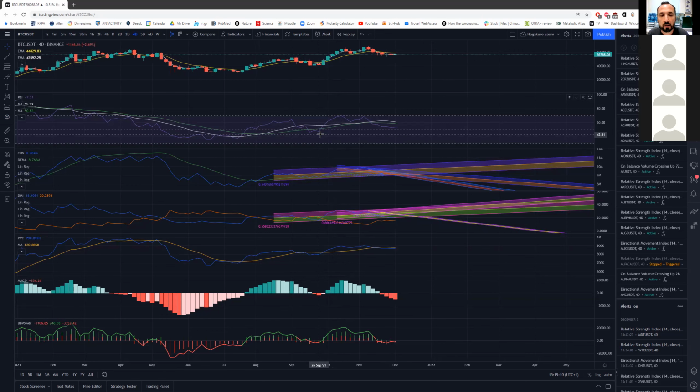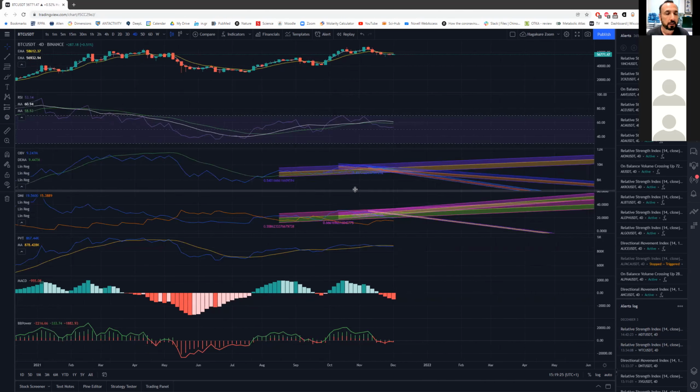All right. So the first criterion was that the EMA 8 is greater than the EMA 33. The second one is the RSI has just crossed above the MA 14. The third criterion is that the on-balance volume should be on an uptrend. This is actually extremely important.